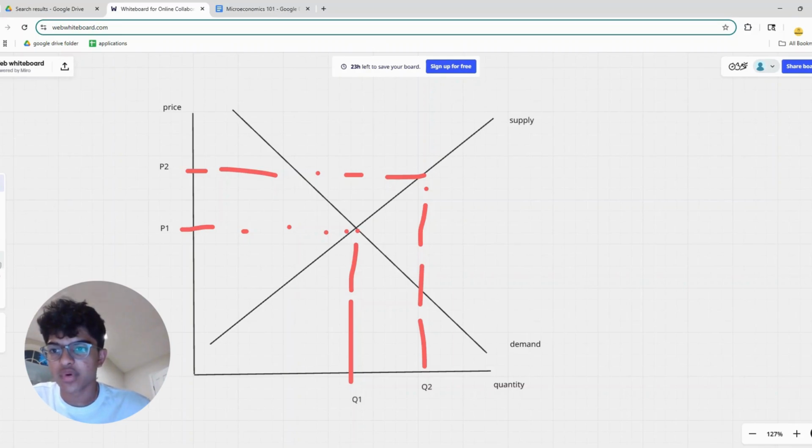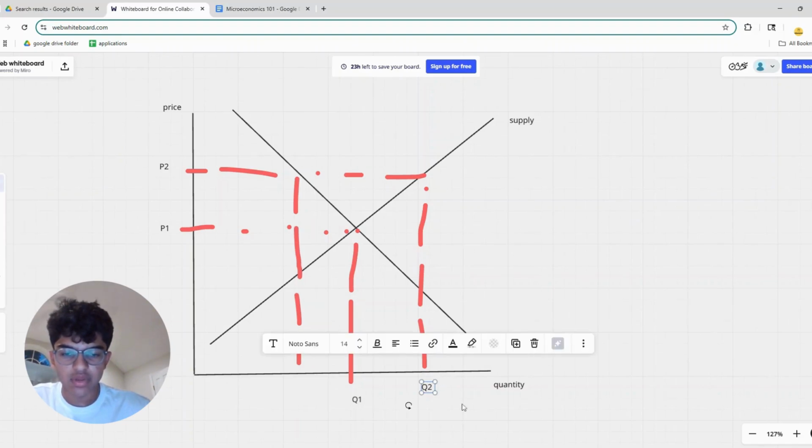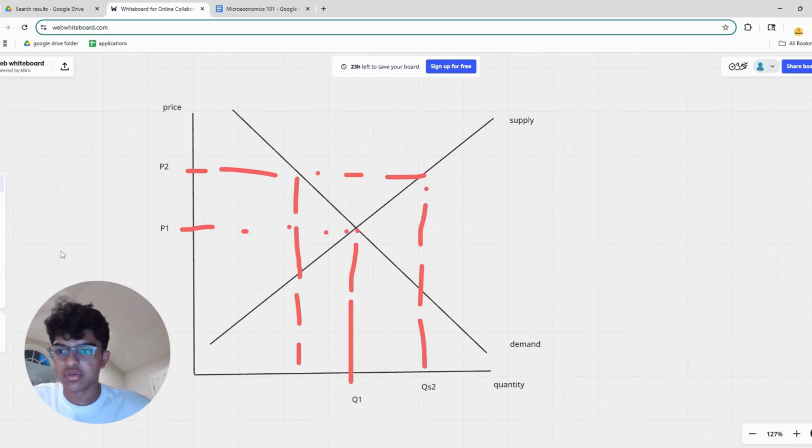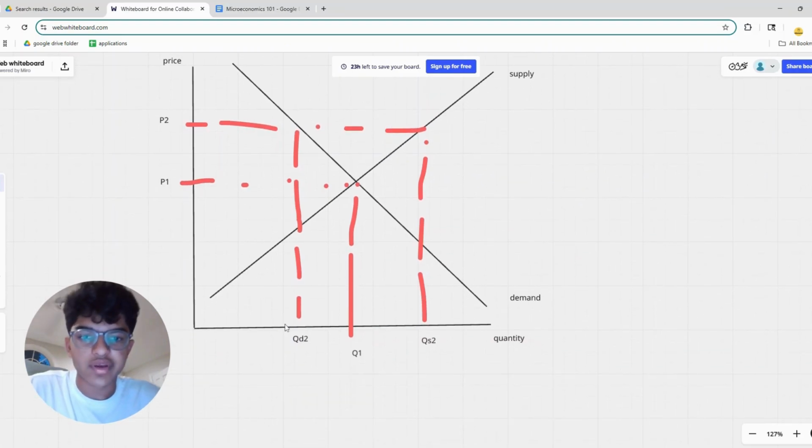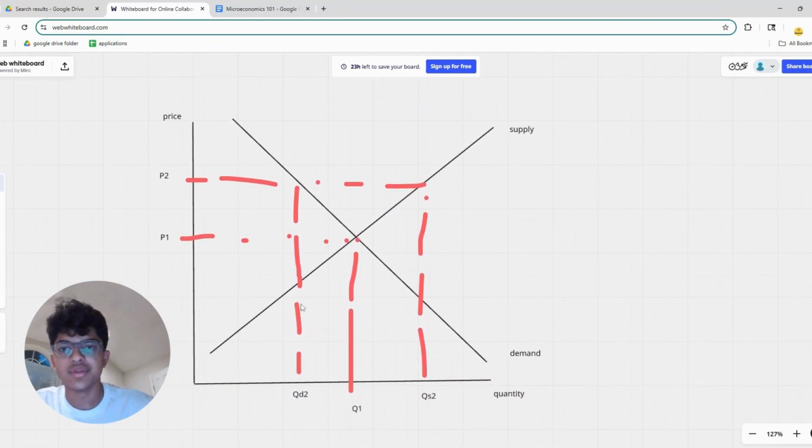In this case, the quantity demanded is, that's some bad labeling on my part. We'll call this QS2. We'll call this QD2. Okay, so very clearly QS2 is not equal to QD2.